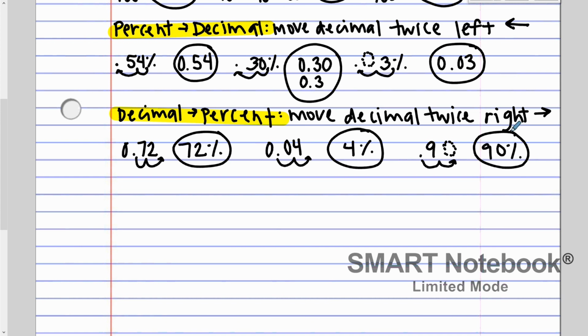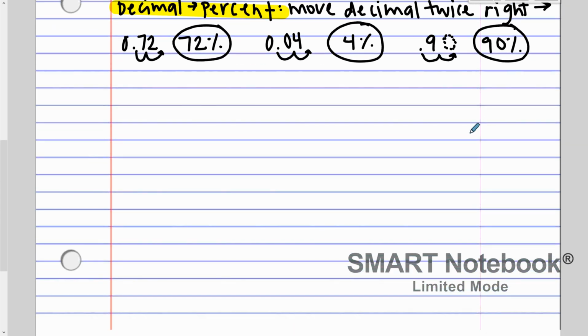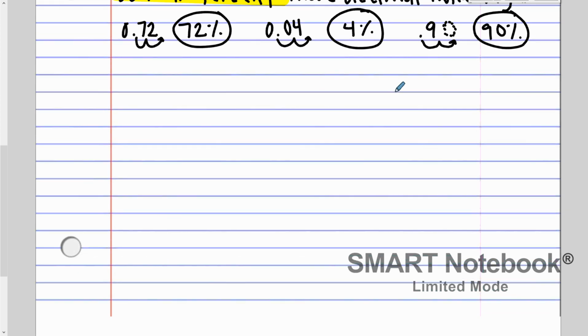Okay. Last skill we are working on today is making decimals into fractions and fractions into decimals. Now these are the harder ones, which is why I kept them for the end. As always, feel free to work ahead if you are catching on to what you should be doing. So here we're going to make decimals into fractions first. This is the easier of the two.